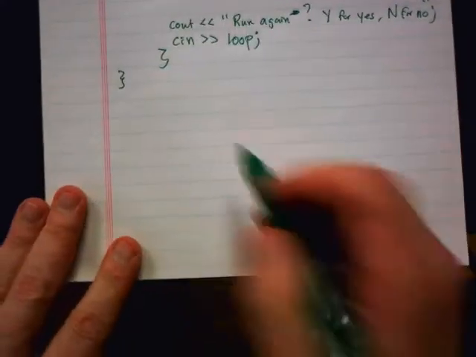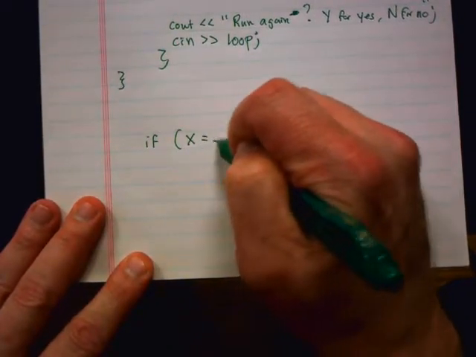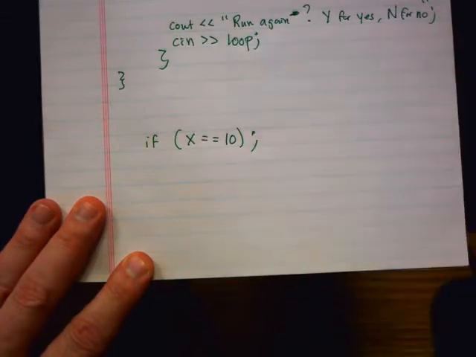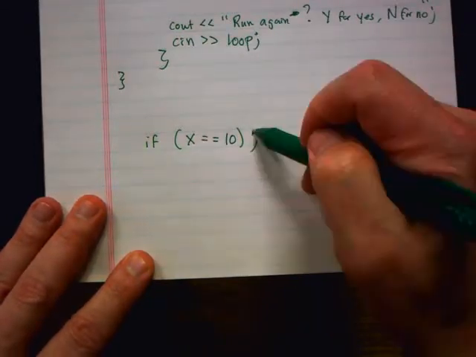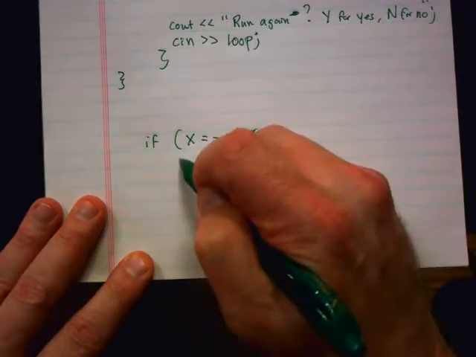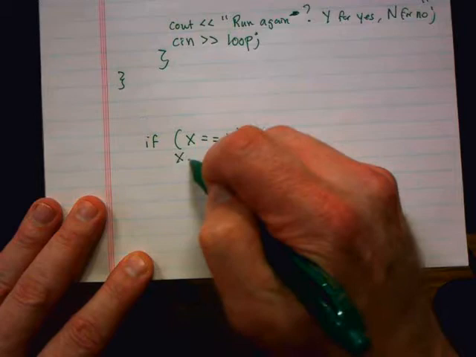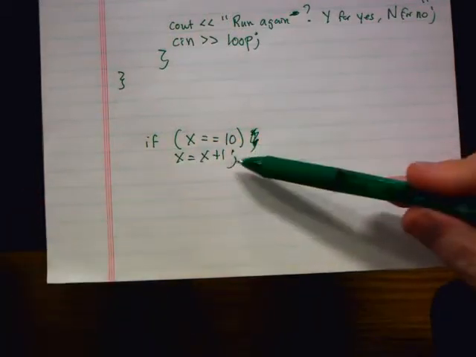And I'm seeing that sometimes in class and lab. I'll see people do like if x equals 10, and they'll put a semicolon right there. You don't put semicolons at the end of if statements, or at the end of if blocks. So it should be if x equals 10, x equals x plus 1, the semicolon goes there.